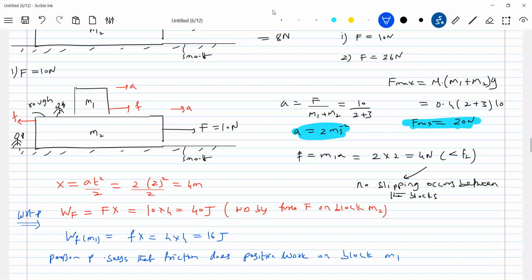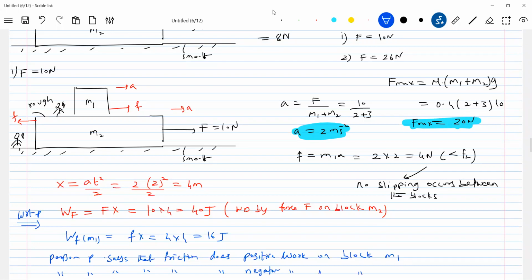And the same friction does negative work on the block M2. It does positive work on the block M1 and negative work on the block M2. So what does person P say again? Person P says that friction does negative work on block M2. I agree with this.